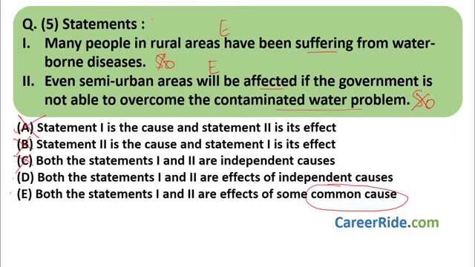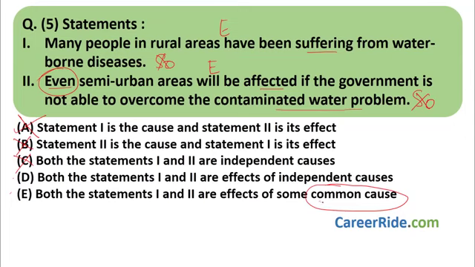Here there is another trick to understand. Here they have given that many people in rural areas are suffering from waterborne diseases, and the second statement starts with even semi-urban areas will be affected. So it must be related to the first statement. That means since both are related to water, plus the statement starts with the word even, it must be related to the first statement.